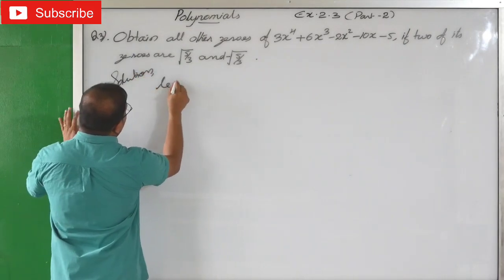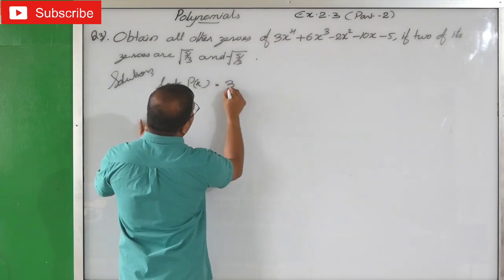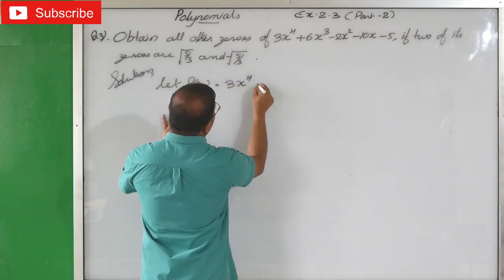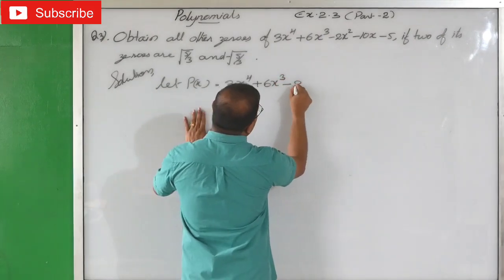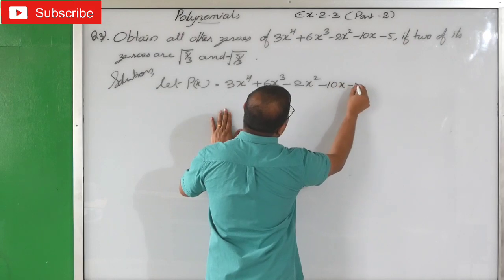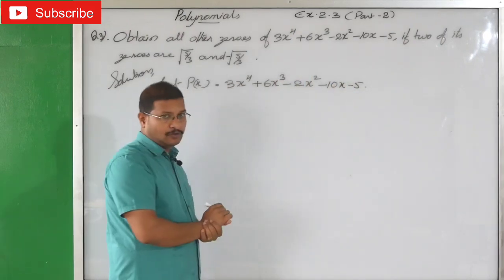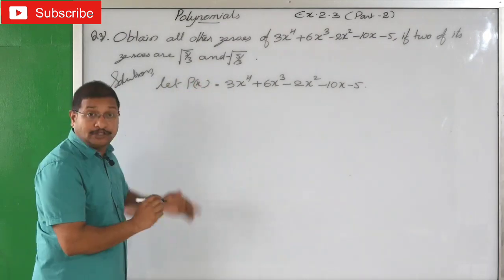First we'll write let p of x be the polynomial given: 3x raised to 4 plus 6x cube minus 2x square minus 10x minus 5. After that, it's already given these two are the zeros, isn't it?